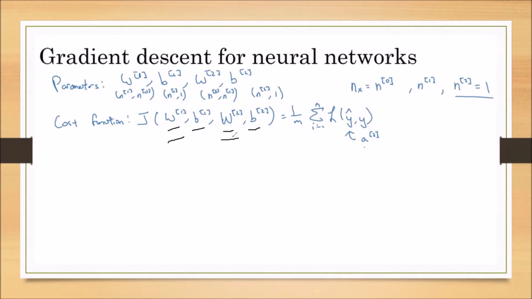For these parameters, we want to know how the cost function j can be minimized. We minimize this cost function j by using the gradient descent algorithm. After minimizing the cost function j, we find at what values of the parameters w superscript 1 and b superscript 1, w superscript 2 and b superscript 2, we get the minimum value of the cost function, and we will substitute these weights in our neural network.